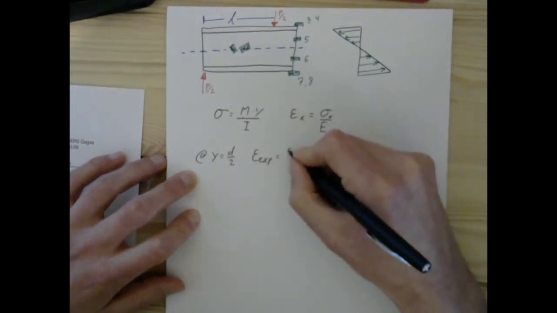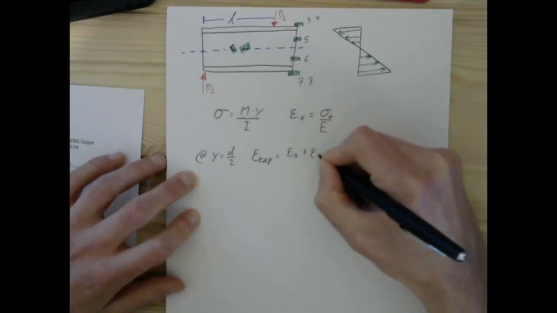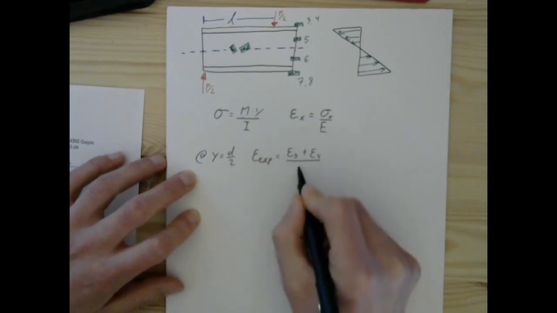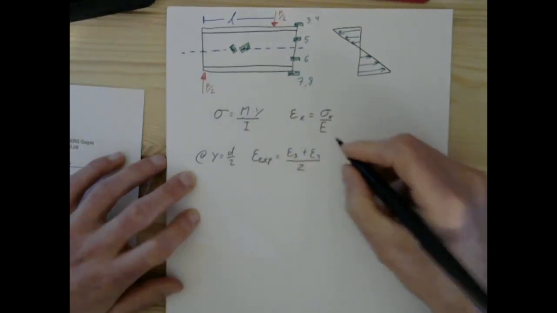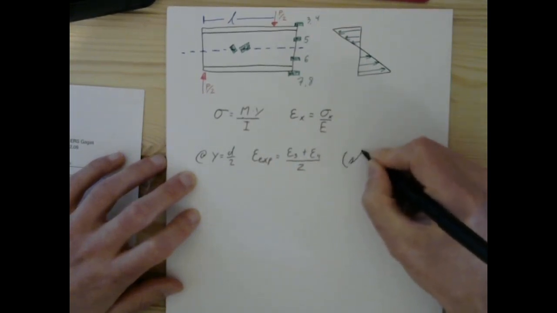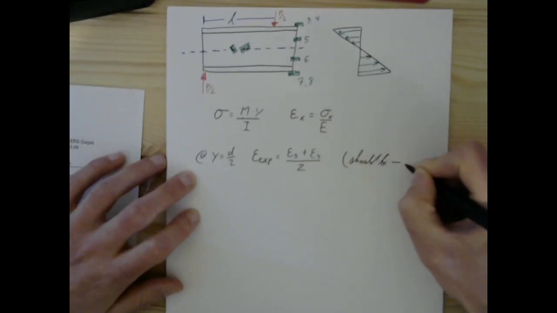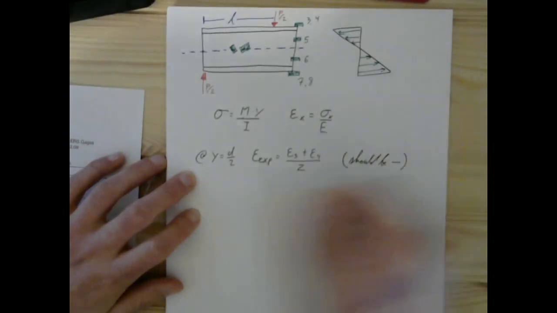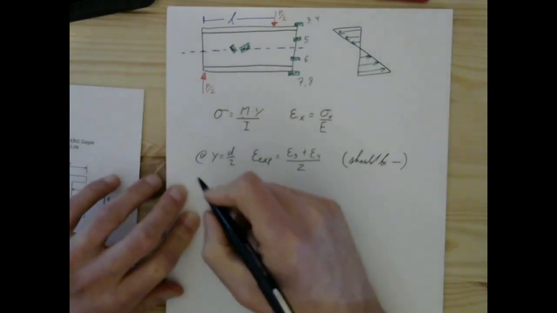So it's going to be the average of strains 3 and 4. And this is going to be compressive, so this should be negative, because that's definitely compression. We're in positive moment, so the top should be in compression.